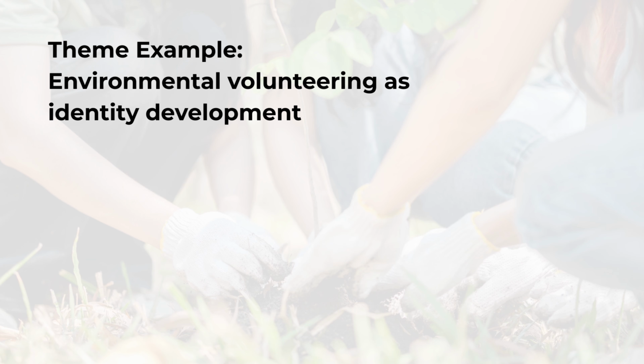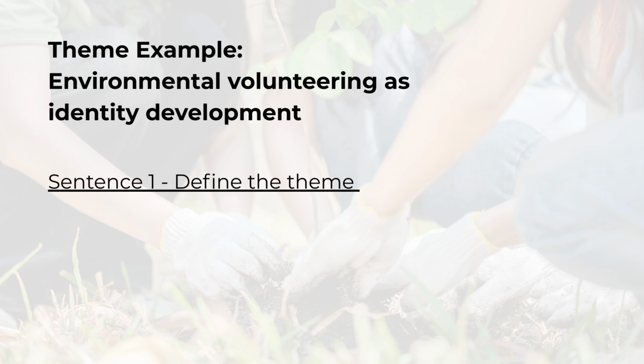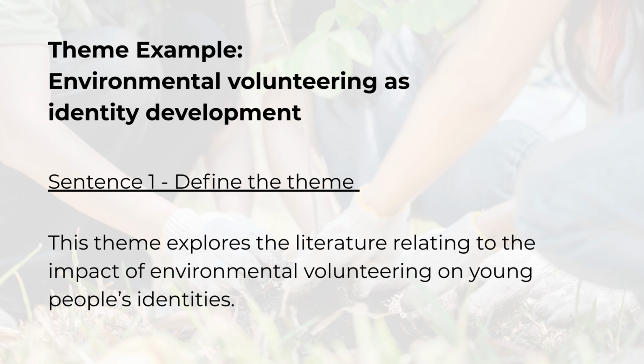Let's go back to our Los Angeles volunteering example. Say one of your themes is environmental volunteering as identity development. Let's take a look at sentence number 1, where you define the theme. So you briefly explain that this theme focuses on studies exploring whether and how involvement in environmental volunteering influences young people's identities.